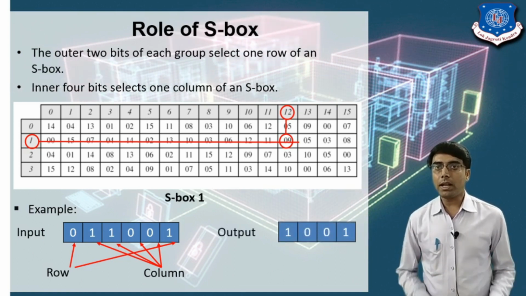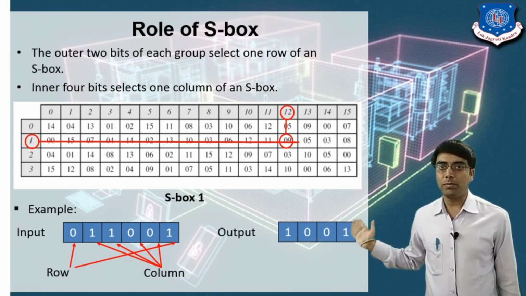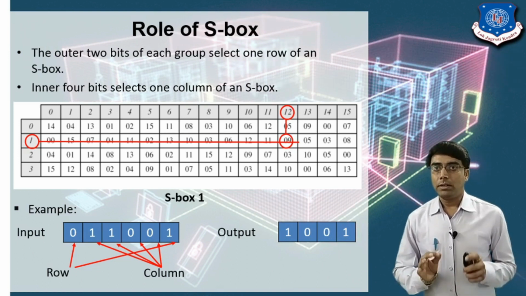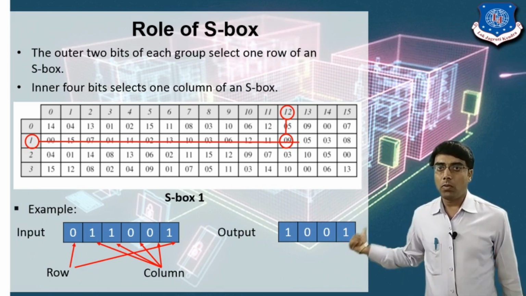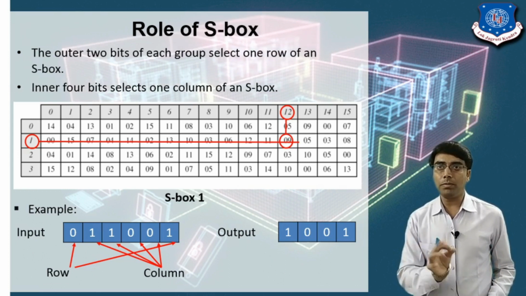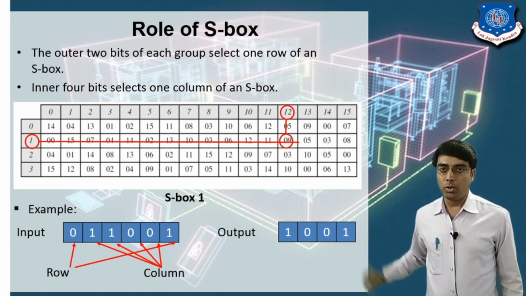Now we convert this decimal number into binary. The binary of 9 is 1001, so you will get the 4-bit output.